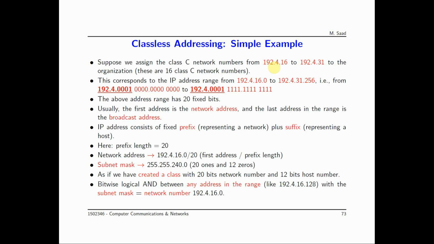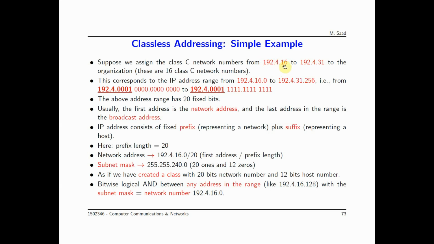We have 24 fixed bits, and then the variable bits for the different hosts are only 8. So what you see here are network IDs, 24 bits, that include the 3 fixed bits, but these are fixed anyway. 192 is a decimal equivalent to 8 bits. These are another 8 bits, and then these are the third 8 bits, so 8 plus 8 plus 8 is 24, and we have 24 fixed bits in total.